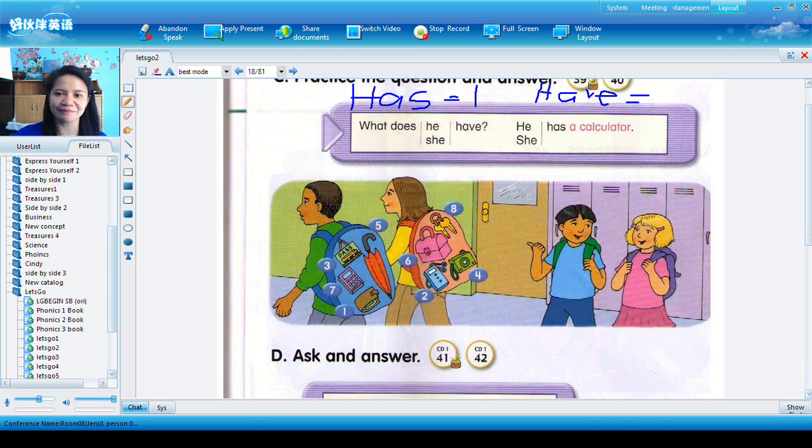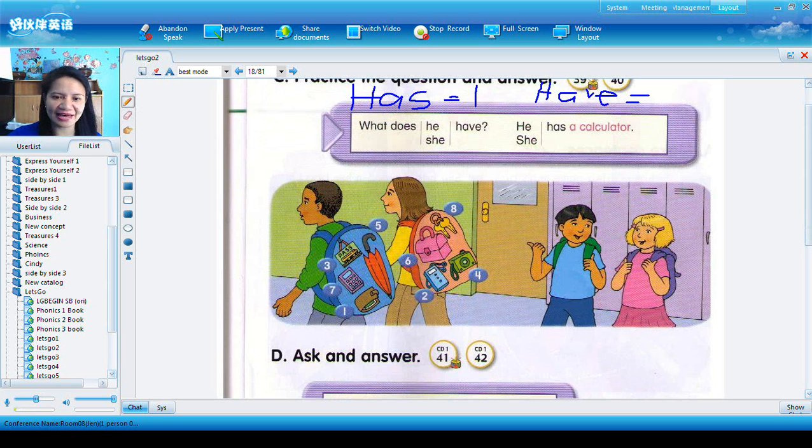Can you tell me, what does he have? You'll say, he has a wallet. Very good. Next, what does he have? You'll say, he has a train pass.